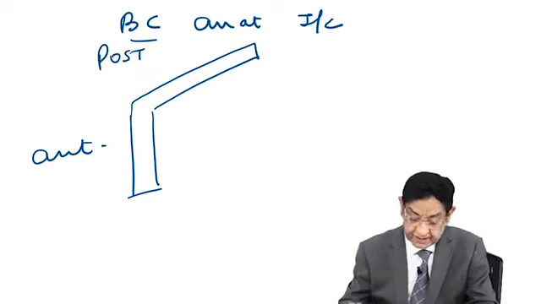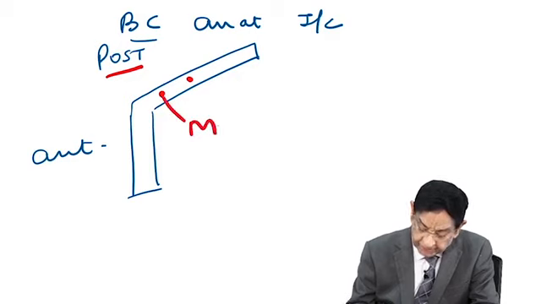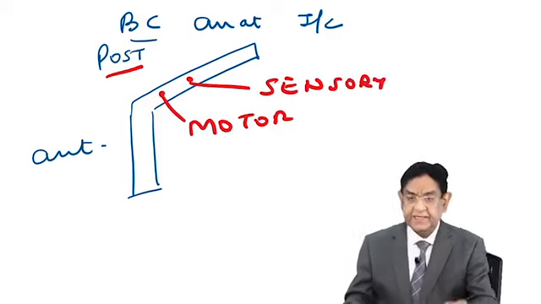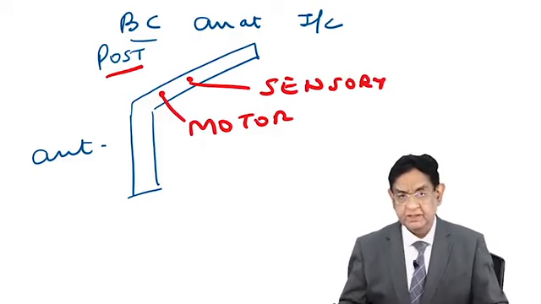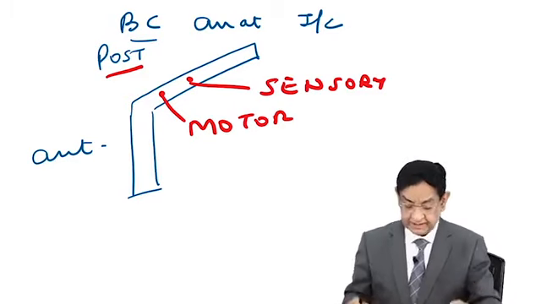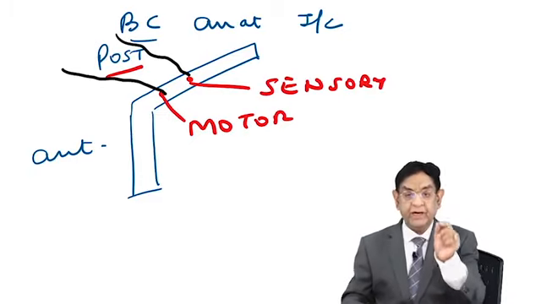In the posterior limb, we have motor fibers and sensory fibers. Motor fibers come from the cerebral cortex, and sensory fibers go to the cerebral cortex. Sometimes the small arteries supplying this area, or this area, may be involved individually.